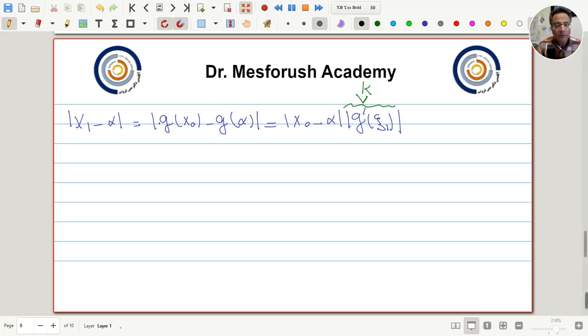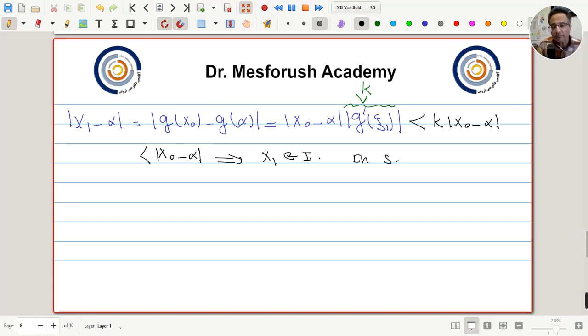So this will be less than k times absolute value of x0 minus alpha, and this says that this is less than absolute value of x0 minus alpha, and this means that x1 belongs to the interval I.